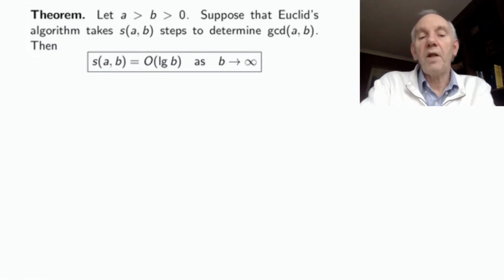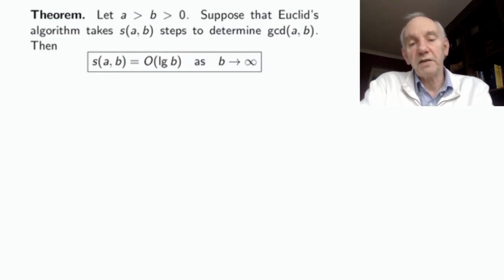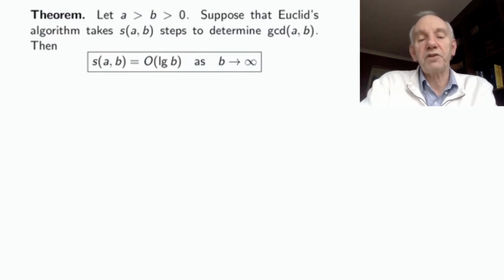Okay, and that will now lead us to the following theorem. That will enable me to prove the following theorem on this page, and then I'll stop. So again, let's suppose that A is strictly bigger than B, bigger than 0, and we're trying to apply Euclid's algorithm to find the greatest common divisor of A and B, the first step being to divide A by B. Suppose it takes n steps.